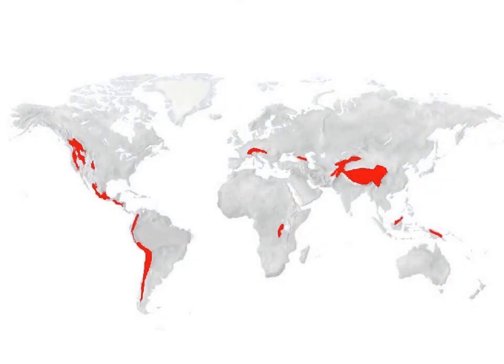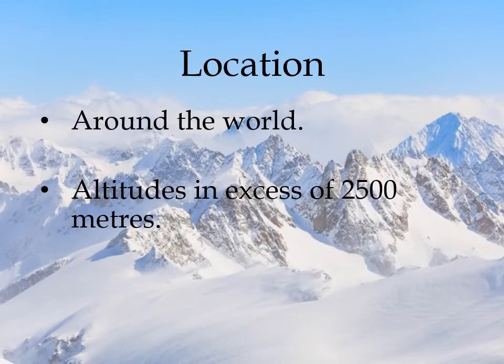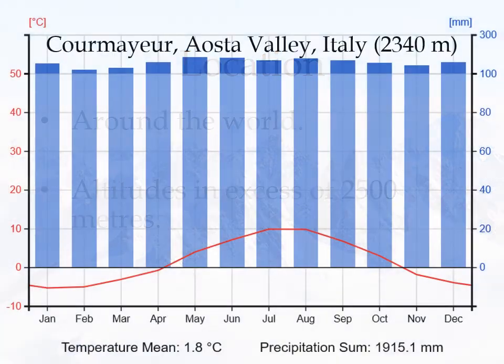These are the high mountain areas in the world located in the Great Mountain Ranges, and all of them, regardless of where they are, share some common characteristics. They are always very cold and they have a great amount of precipitation as we go higher. So they are all around the world at altitudes over 2,500.